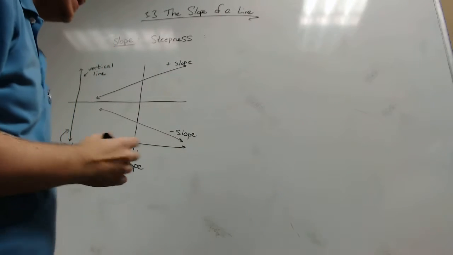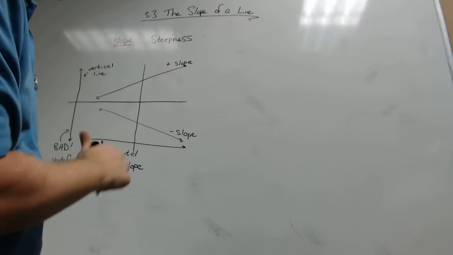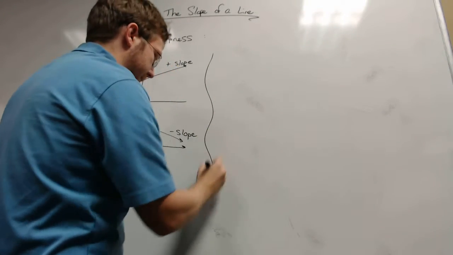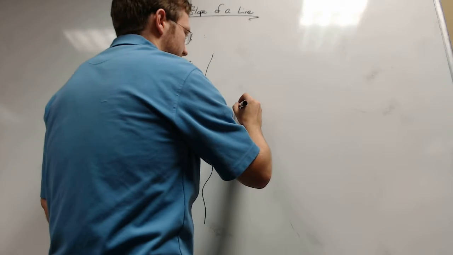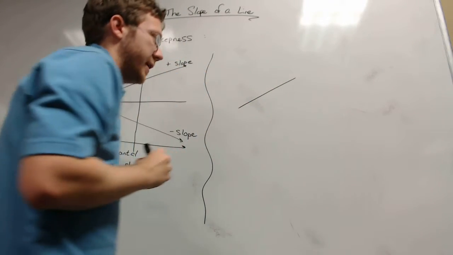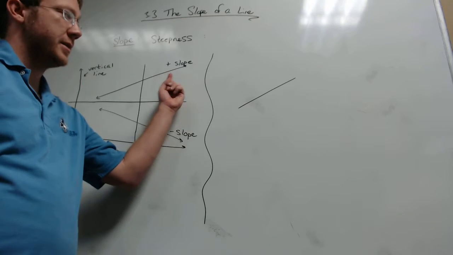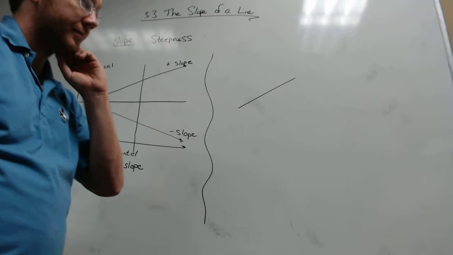Well, another way to characterize slope, we'll take a look at another line. I'm not going to put it on a graph, but here's a line. It has a positive slope. I'm going uphill.